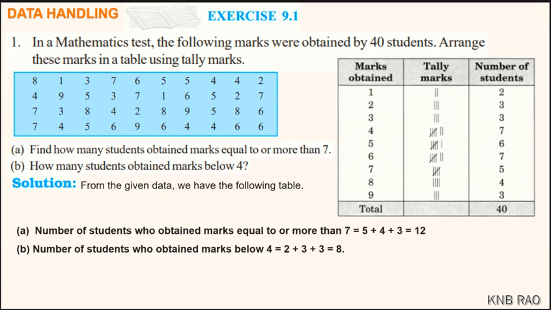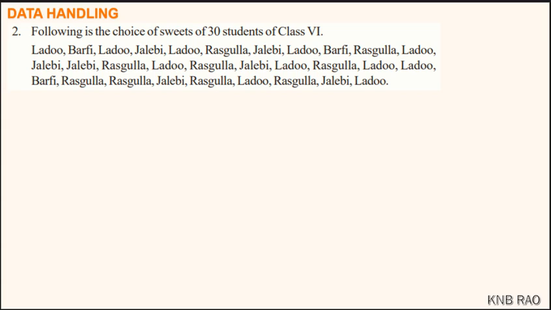Okay, children. Now, let us come to question number 2. Following is the choice of sweets of 30 students of class 6th. So, here I have the sweets laddu, barfi, jalebi, rasgulla, being 4 different sweets.